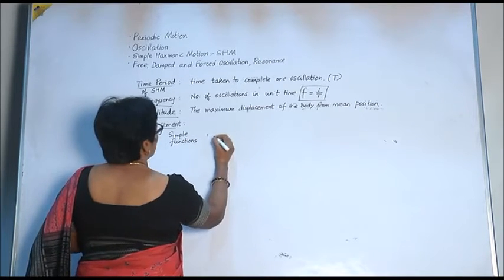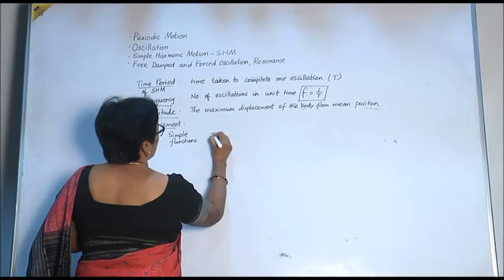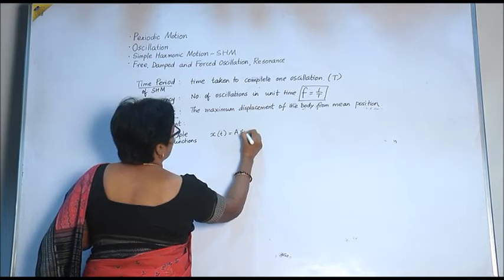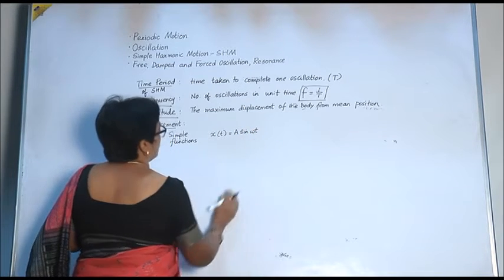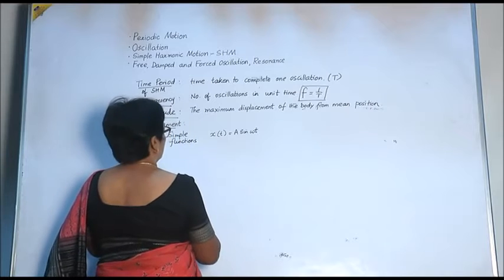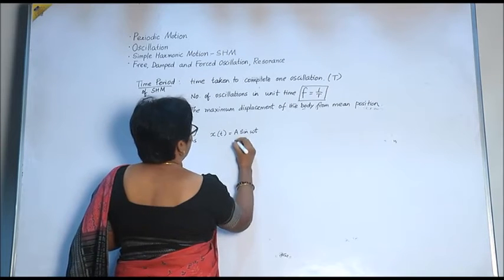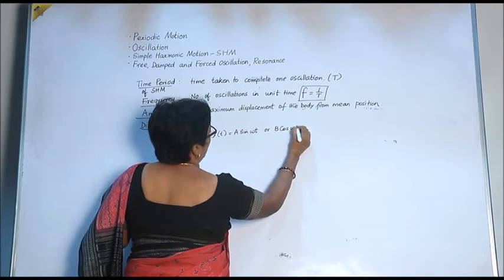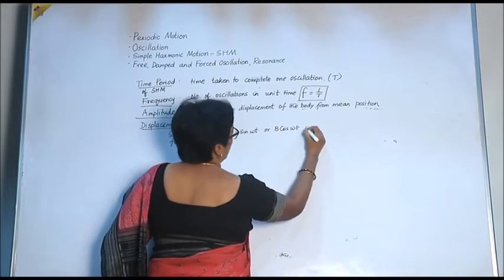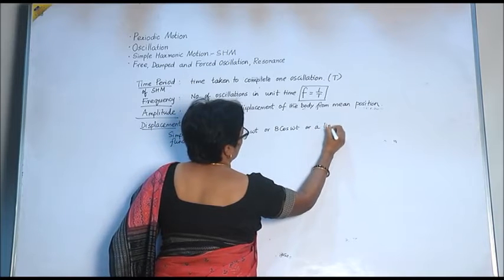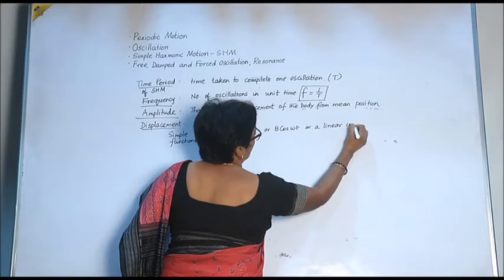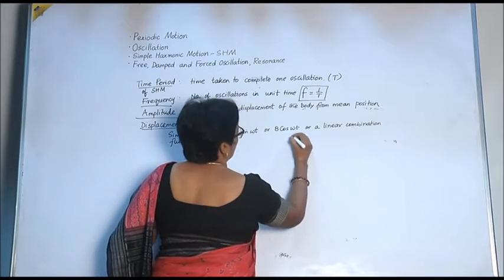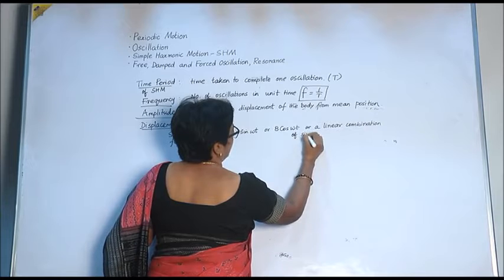If your function is, let us say, x is equal to a sin omega t, or say b cos omega t, where a and b are constants, or a linear combination of sine and cos functions.